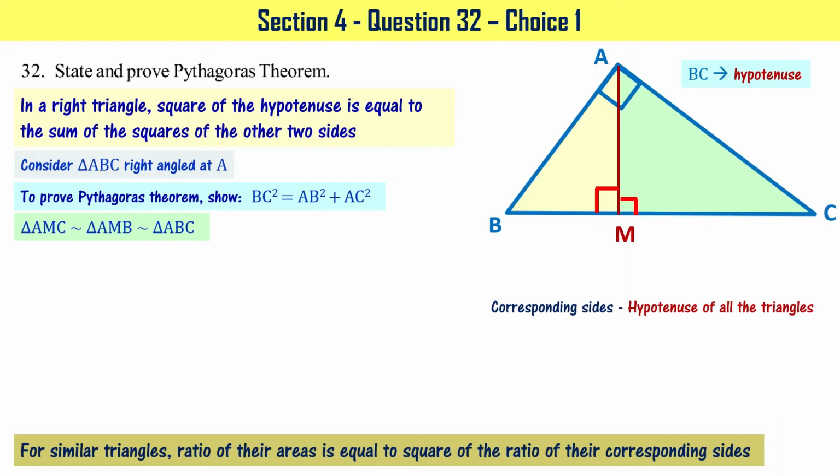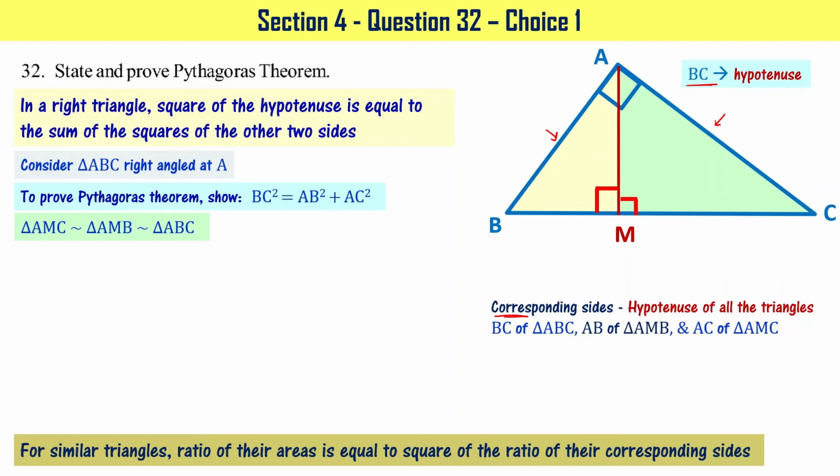If I take hypotenuse of all these right triangles, they are going to be corresponding sides, right? For triangle ABC, we know that BC is the hypotenuse. What about triangle AMB? AB is the hypotenuse. For triangle AMC, AC is the hypotenuse. Let's write that. BC of triangle ABC, AB of triangle AMB, and AC of triangle AMC are the corresponding sides, right?